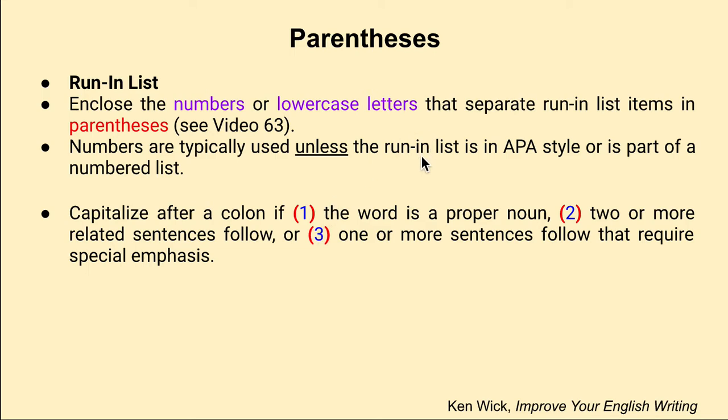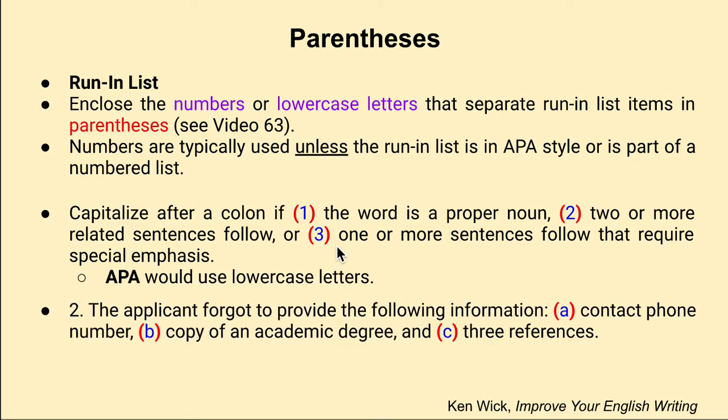Once again, use letters if APA, or if it's already a numbered list. APA would use lowercase letters. So here's an example. Let's say the run-in list is already part of a numbered list.